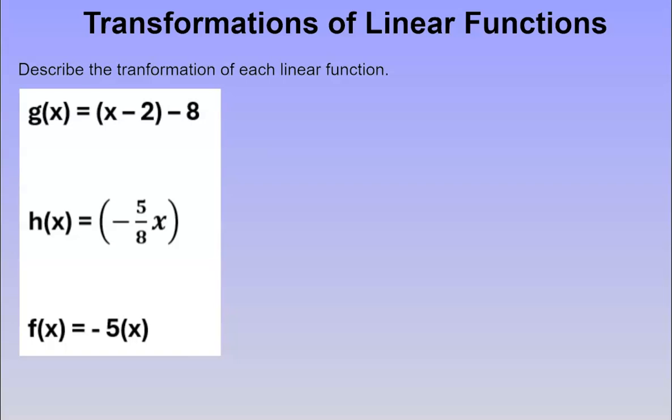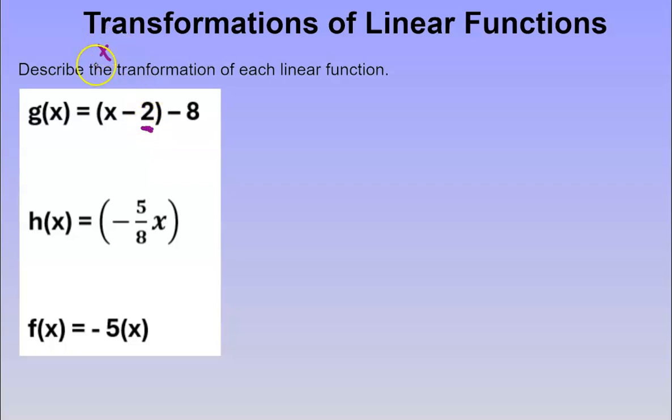Here it says describe the transformation of each linear function. So the first thing we're going to do is determine if there's a vertical or a horizontal translation. Here we have both a vertical and a horizontal translation. This 2 right here, when I have x minus 2, tells me that my h is actually 2.